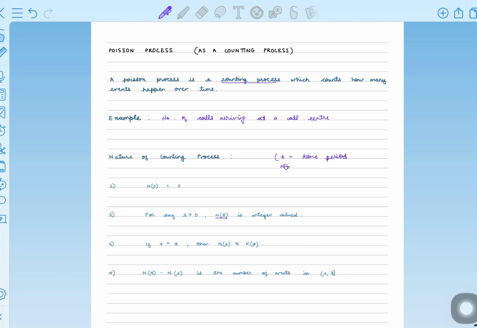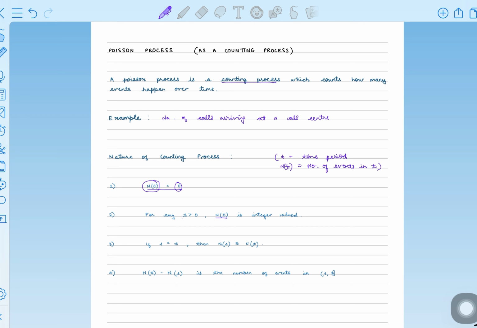Then, N of t will represent the number of events that have occurred in the time period t. The first characteristic of a counting process is N of 0 is equal to 0. This means that at time 0, no time has passed, so naturally, no events could have occurred. This is the starting point of the process.